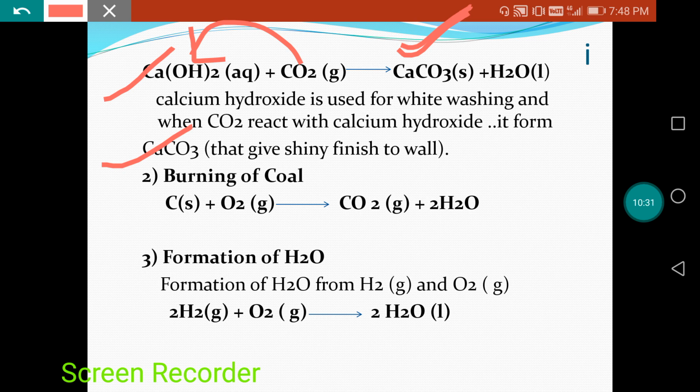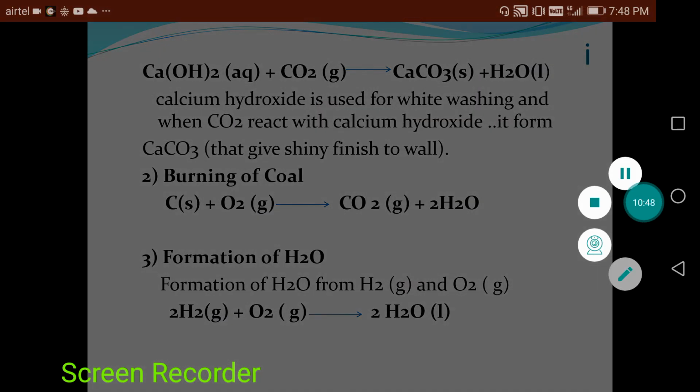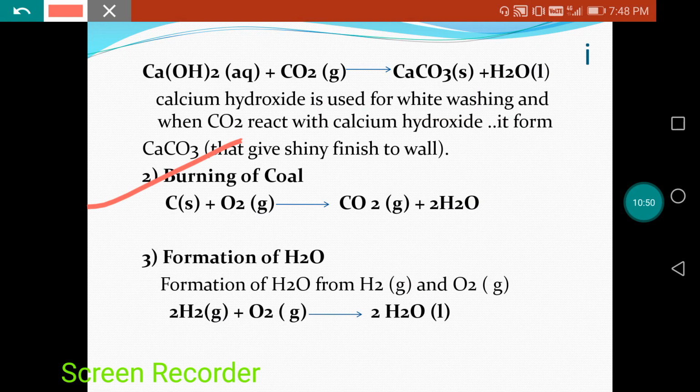So, calcium hydroxide is used for whitewashing, and when carbon dioxide reacts with calcium hydroxide, it gives a shiny finish to the wall. Clear? Here are some more examples of a combination reaction. See here, burning of coal and formation of water. Coal means carbon.